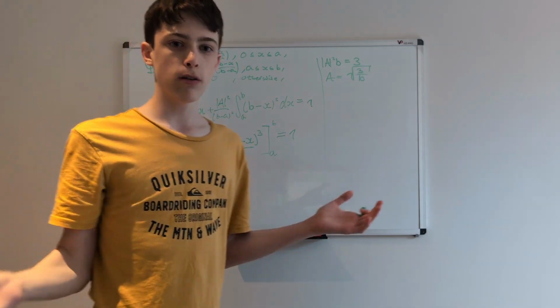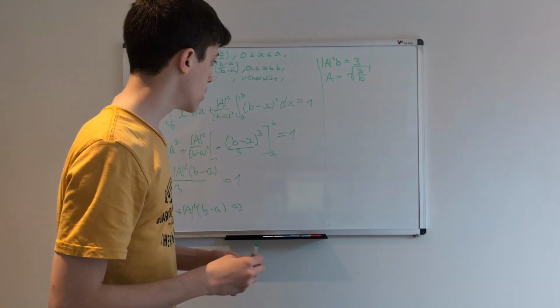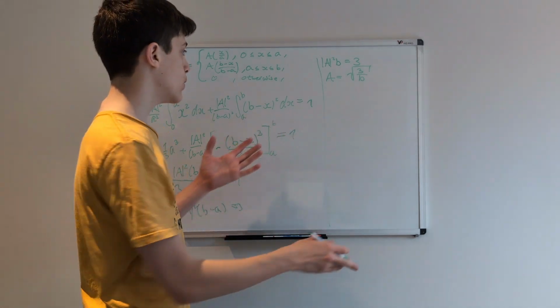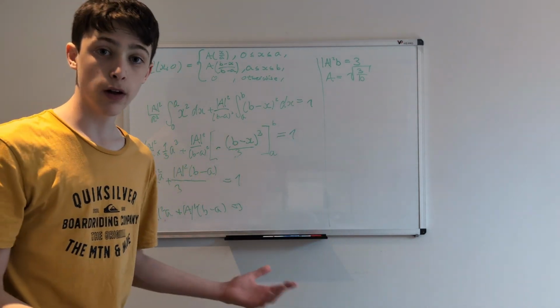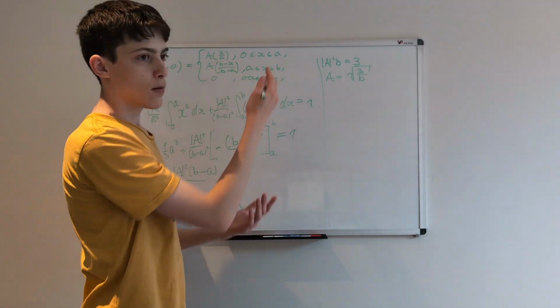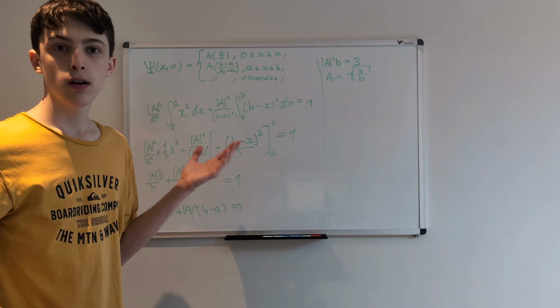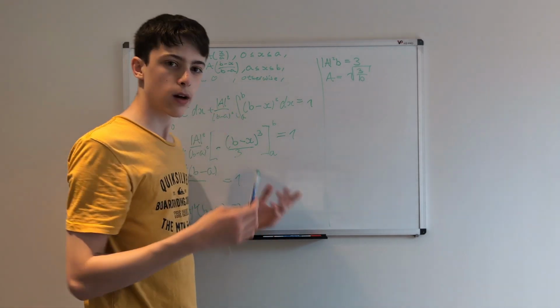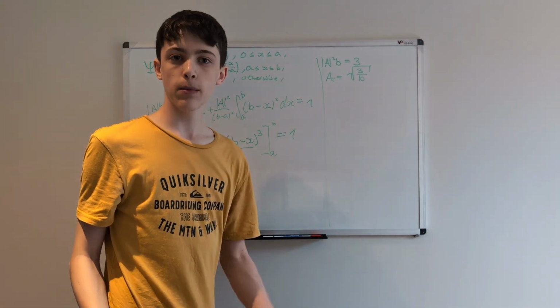So there we go, we found our constant A. So this is how you actually normalize a function, in this case this function, to have the area under the graph equal 1. Thank you very much for watching.